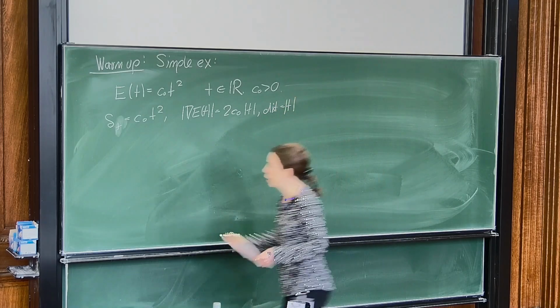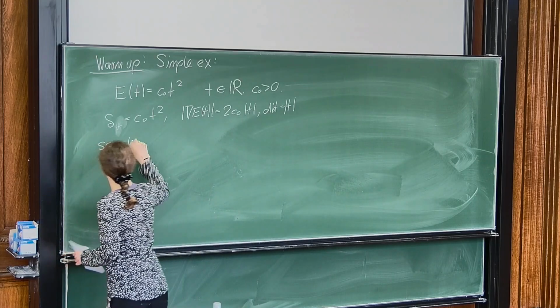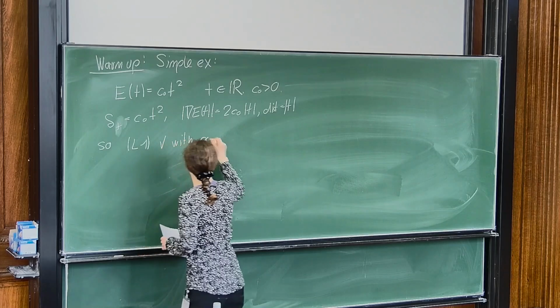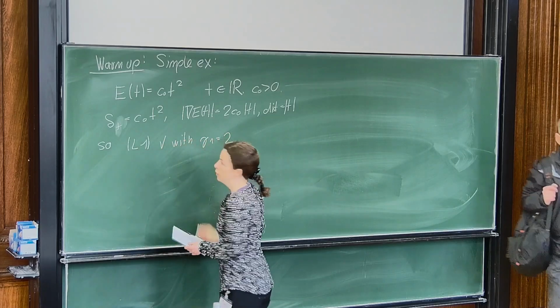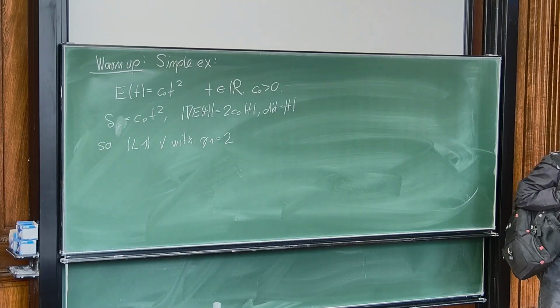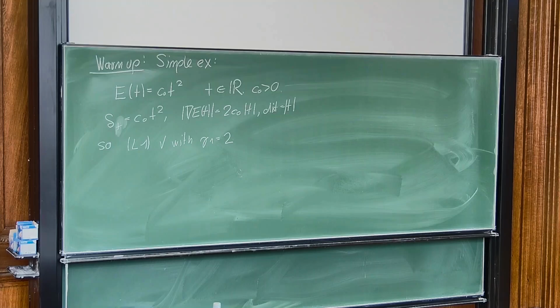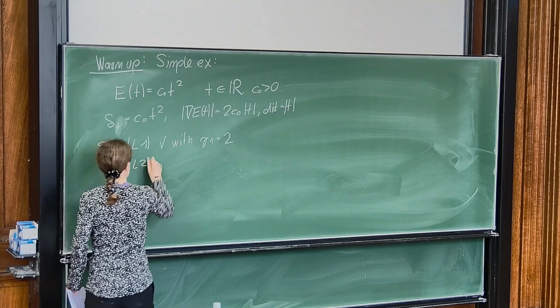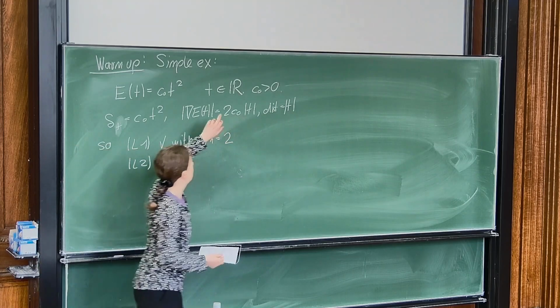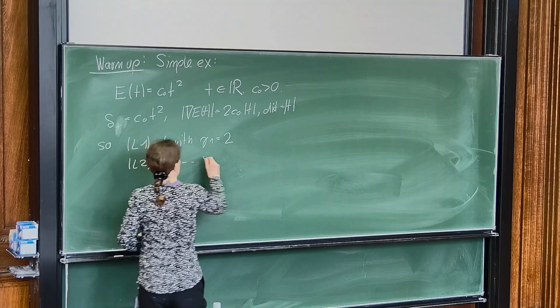So that tells us that the first type of Łojasiewicz is okay with exponent gamma 1 equals 2. So I can bound differences here of energies. So Łojasiewicz 1 is the distance of the energy to 0 is bounded by gradient squared. That's the optimal case. If I'm looking at the distance to the critical points, that scales like t is bounded linearly in the gradient. So gamma 2 is 1.